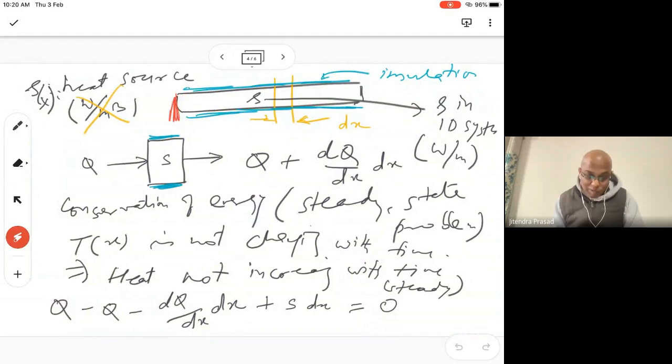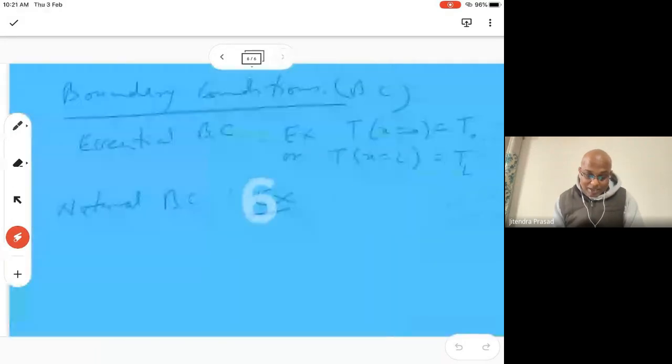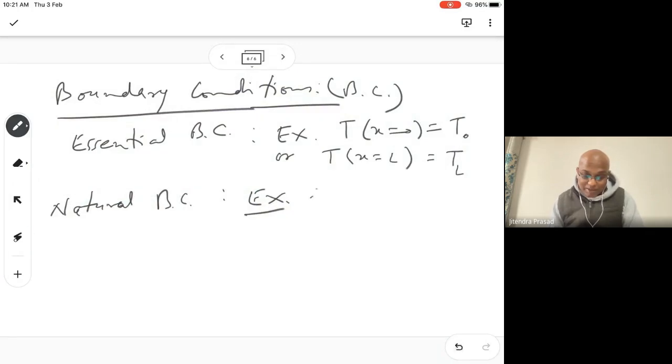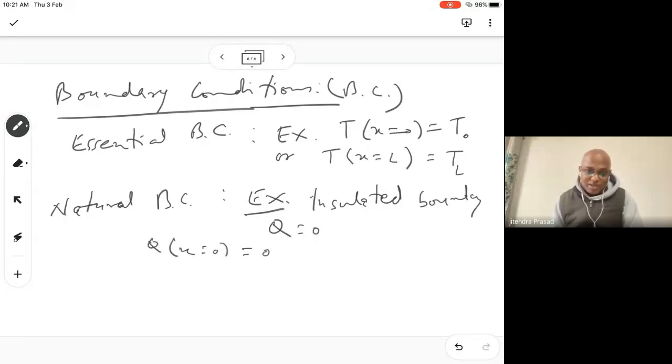You can make one end insulated as well. For the insulated boundary, Q has to be equal to 0. So you can say Q at x equal to 0 equals 0. There is no heat transfer there, neither coming nor going. Accordingly you can write minus kA dT over dx at x equal to 0 equal to 0.